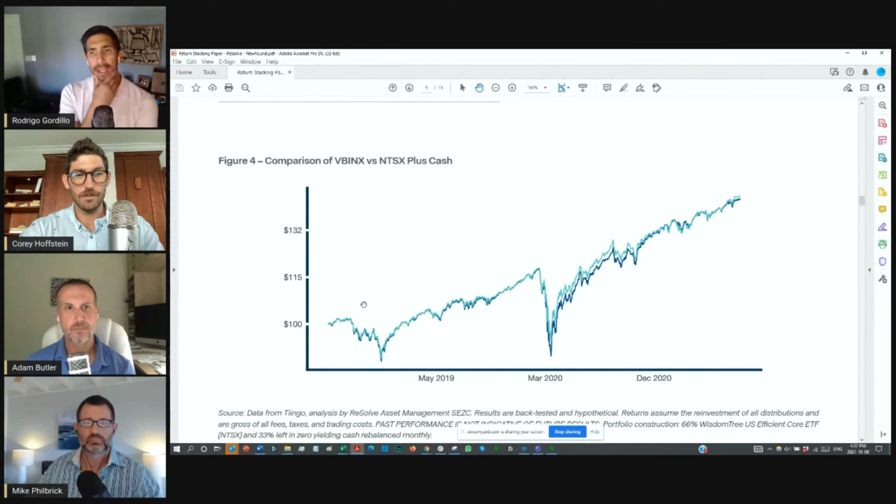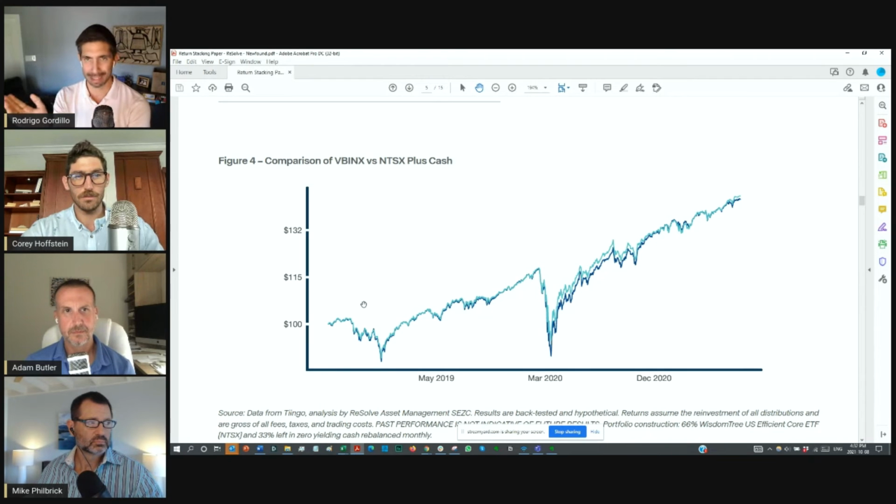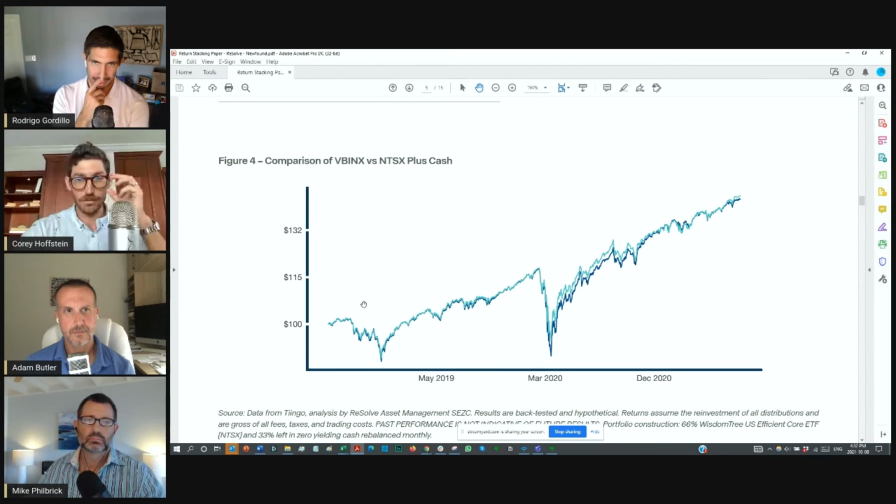All right, so figure 4 in the paper shows the Vanguard VBINX fund. This is a 60/40 fund. Right next to $67 in NTSX and the rest in zero yielding cash. And the performance is identical. And this is because that product uses the cheapest possible leverage you can get on treasuries.